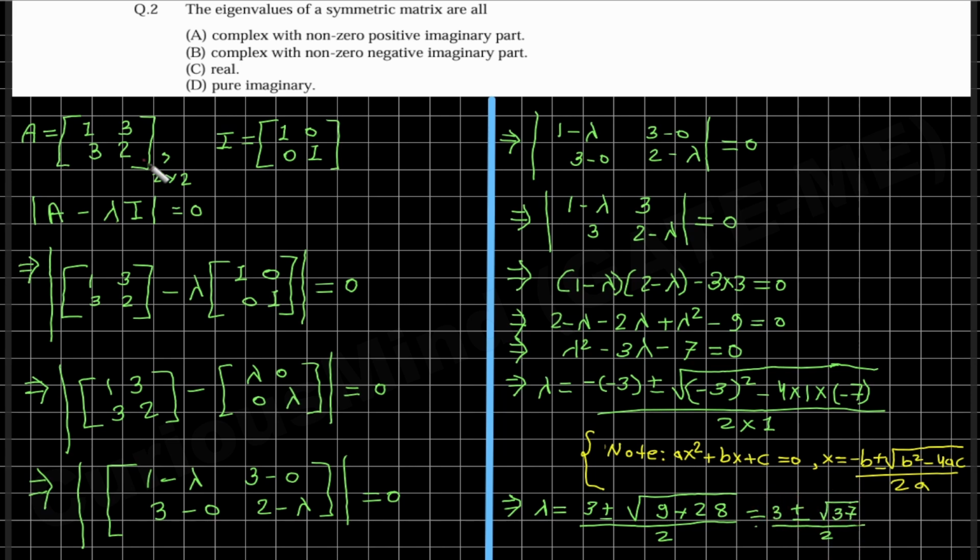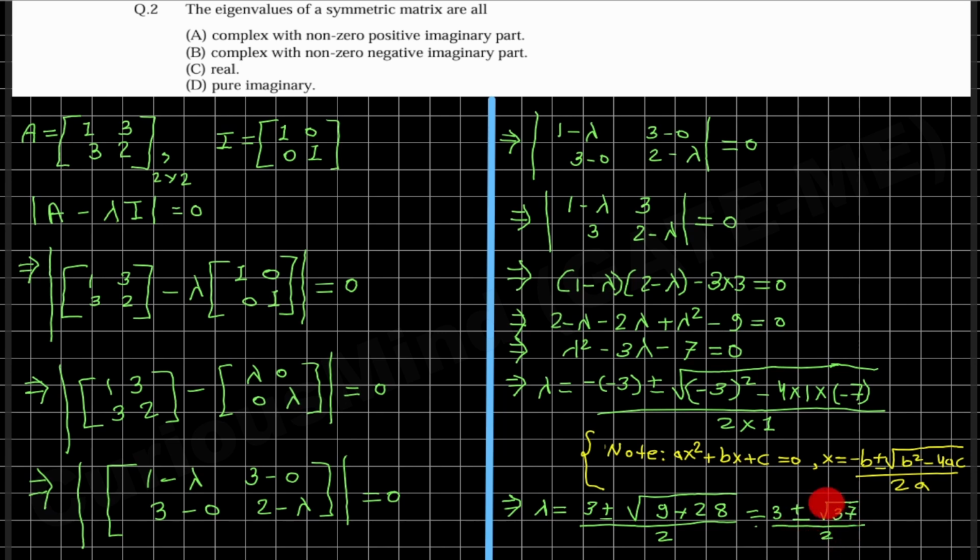Alright. Now this would also be true if we considered a third order symmetric matrix, or fourth order, or fifth order, or any higher order matrix. The values of lambda would always be real, but the values of lambda may be different from those we got here.